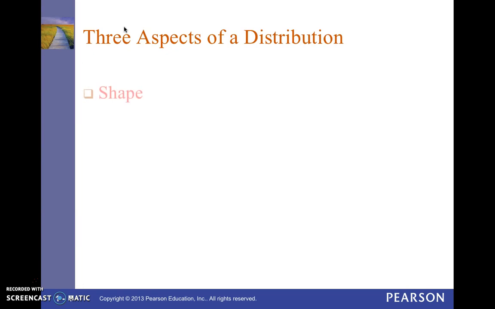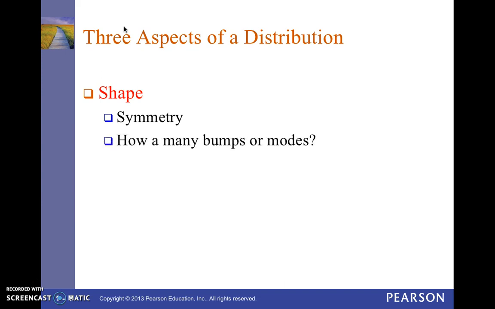The first thing is the shape of that distribution, which has to do with whether or not it has symmetry. A way of talking about that is to ask the question, how many bumps or modes does that distribution have? And there might be other distinguishing features about a given distribution.